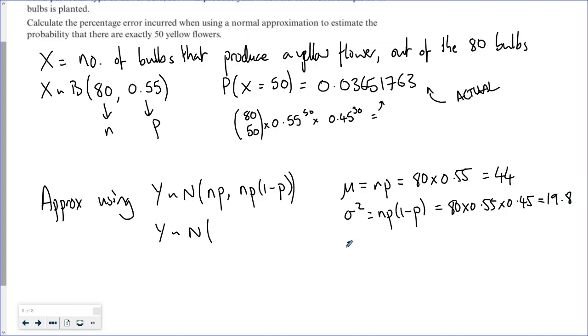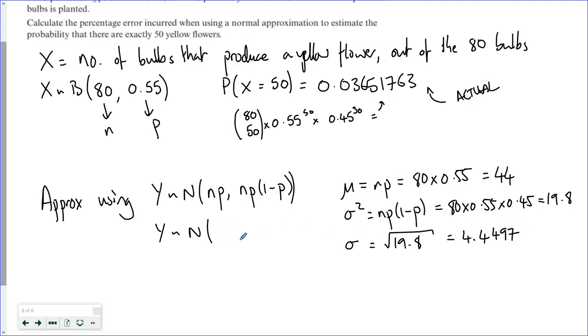Another way of doing this would be to write down the standard deviation. The standard deviation is going to be the square root of this, so the square root of 19.8, which would get us 4.4497.